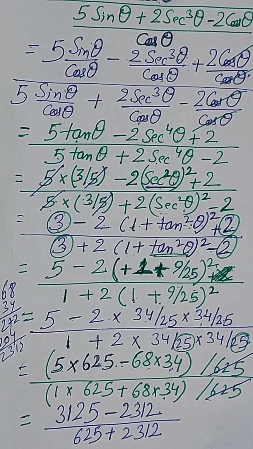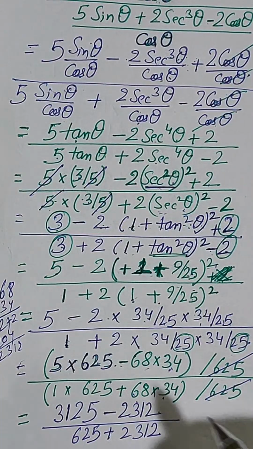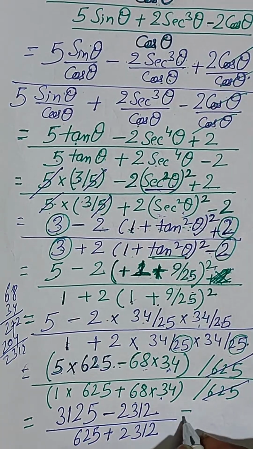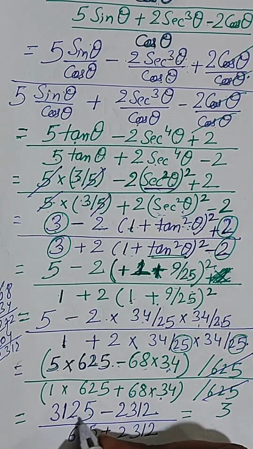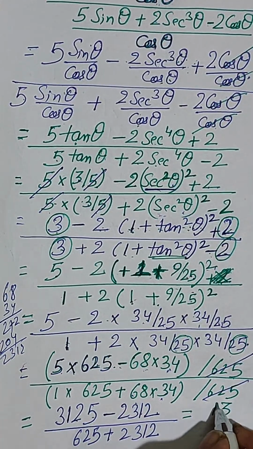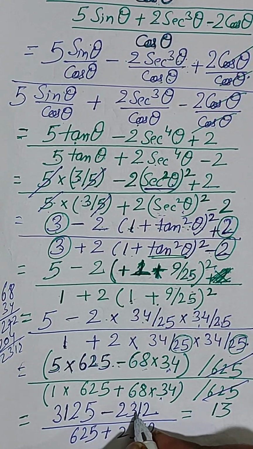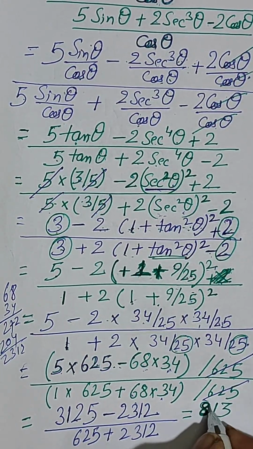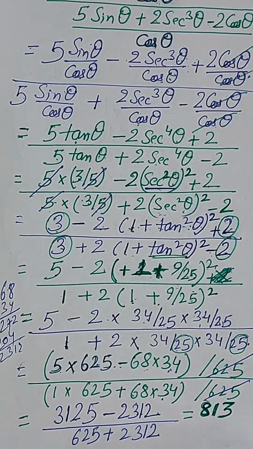So this will give you the value 3125 minus 2312: 5 minus 2 is 3, 2 minus 1 is 1, 11 minus 3 is 8, it becomes 813, right?